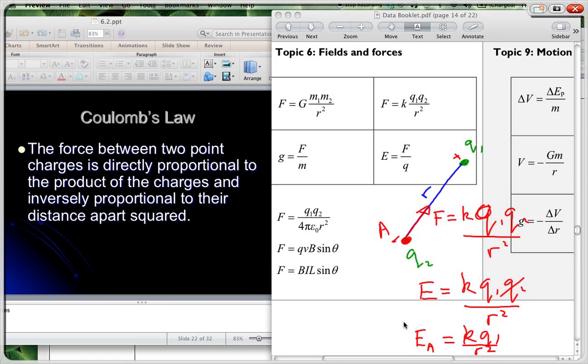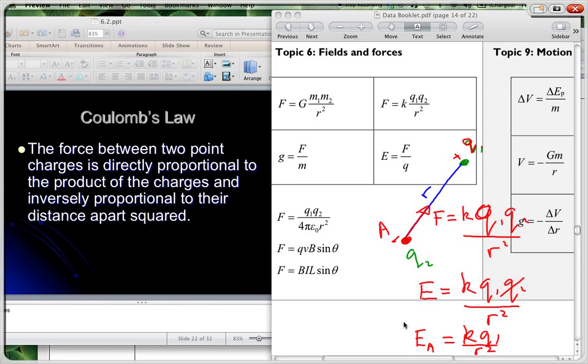It is Q1 that is left, because we're looking at the force that Q2 experiences due to Q1. So it's the electric field strength at A, where Q2 is. It's the force per unit charge that it will experience due to Q1.